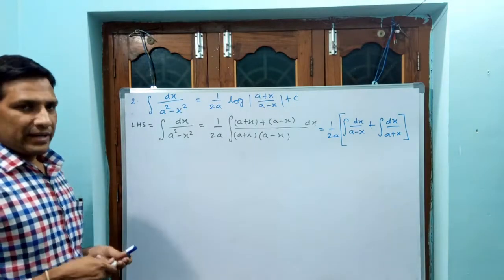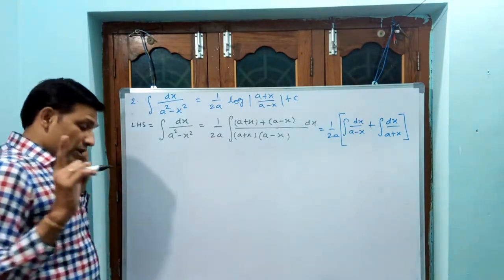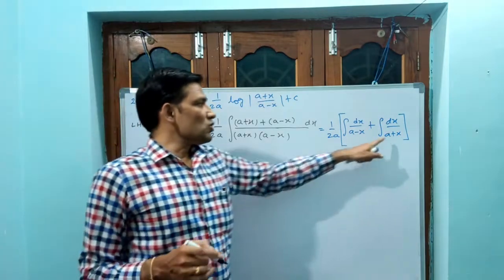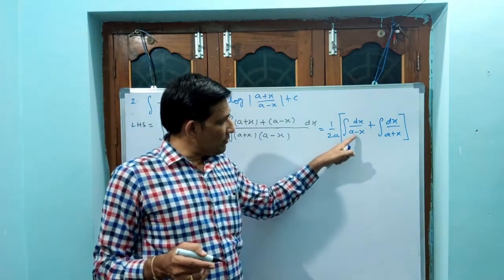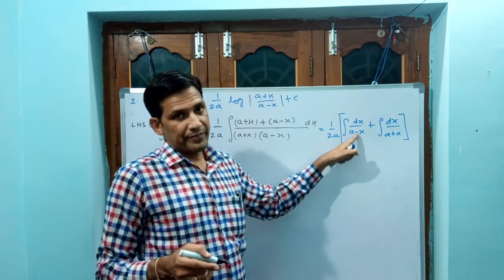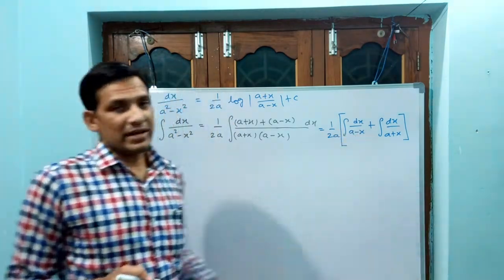Now let us perform integration. Log x, but observe carefully here. This is okay, log of a plus x, but this is not log of a plus x. Why? Because x has a minus sign, so it is minus log a minus x.